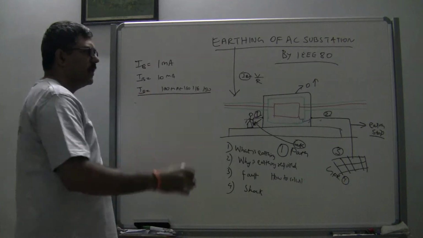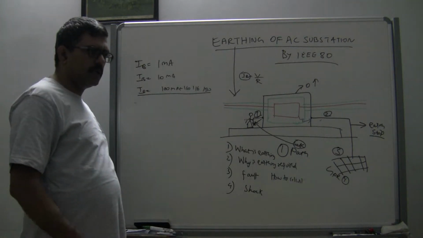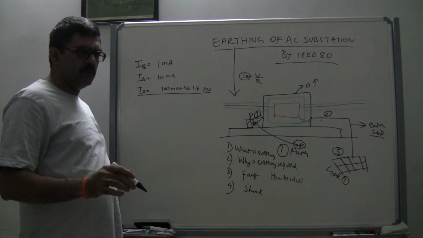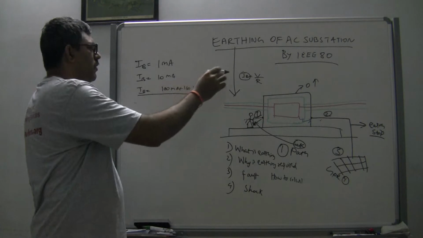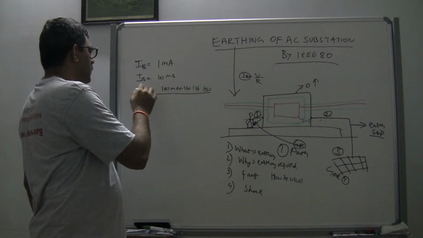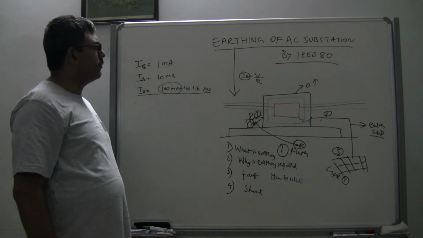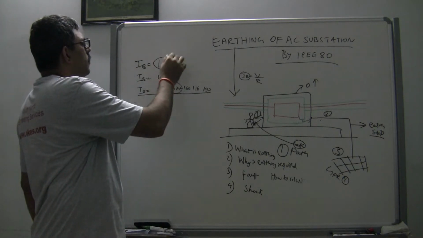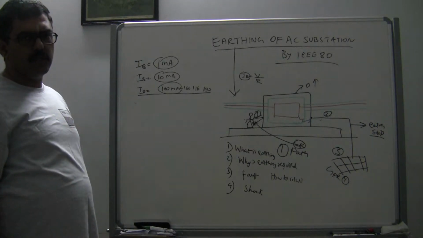So when we design an earthing system, our objective is to protect a person and we have to prevent the body current. We have to prevent the body current below these 100 milliamps. We cannot protect a person from 1 milliamp or 10 milliamps. That will become a very conservative design.